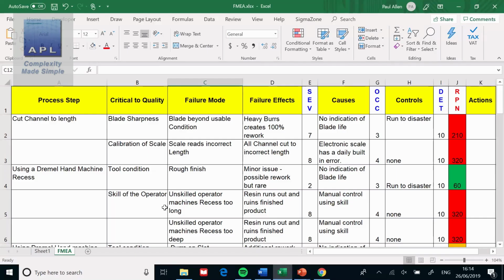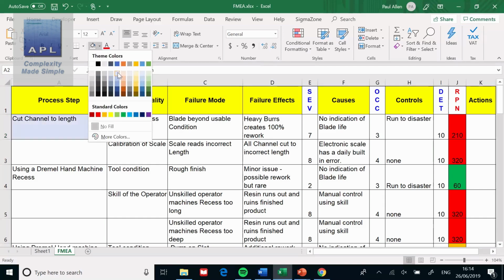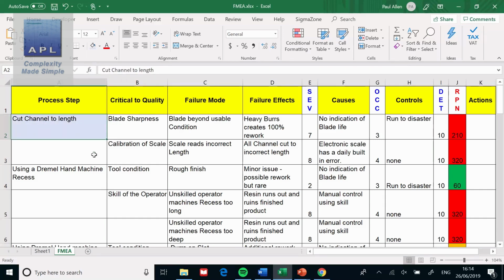Okay, now I've pre-filled out the FMEA just for speed of this presentation. But if we go through the boxes, and I'll just maybe indicate them as we talk about them, we'll just sort of colour them in grey. So the first thing to say, look, is we've got the process step over in column A of the FMEA form. So you can see the first box, look, cut to length.